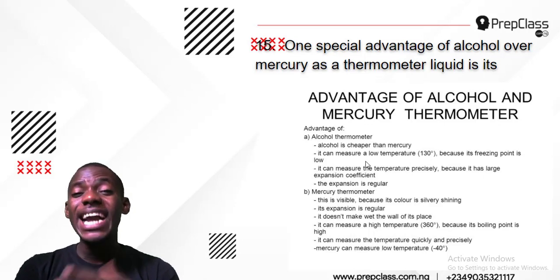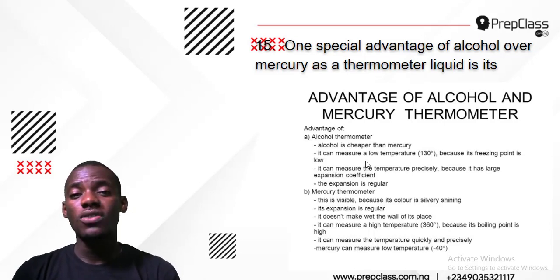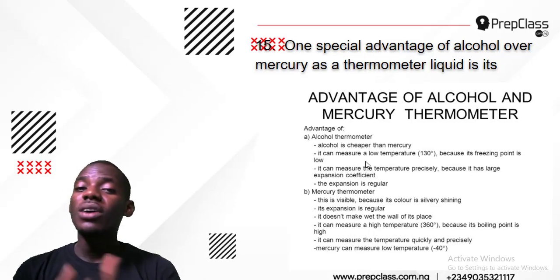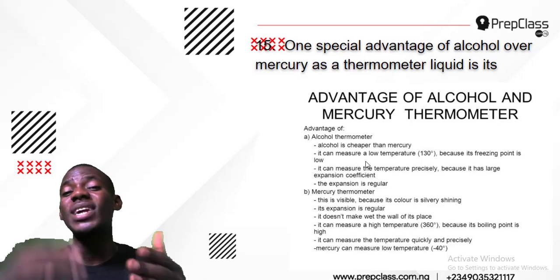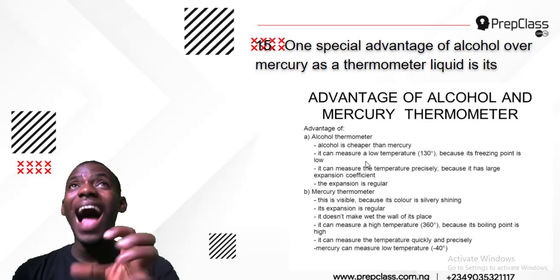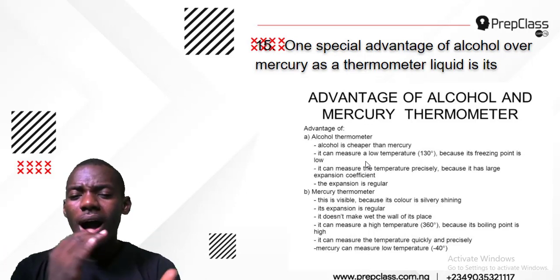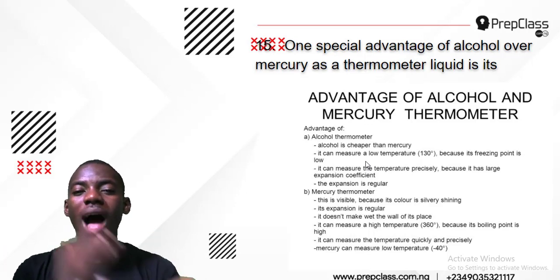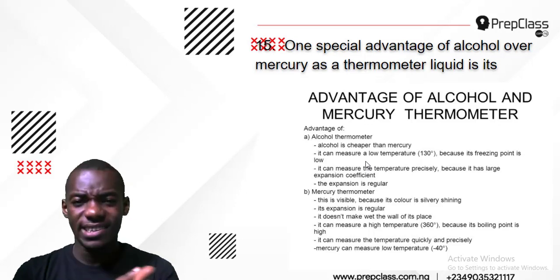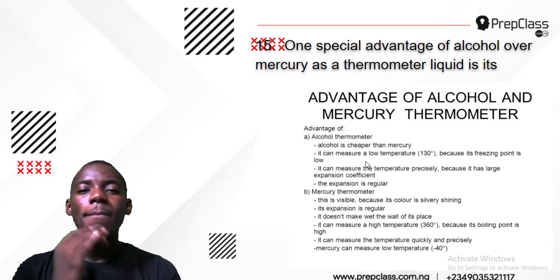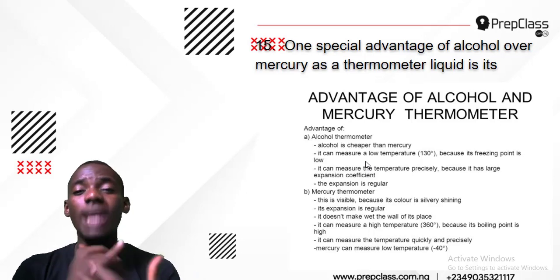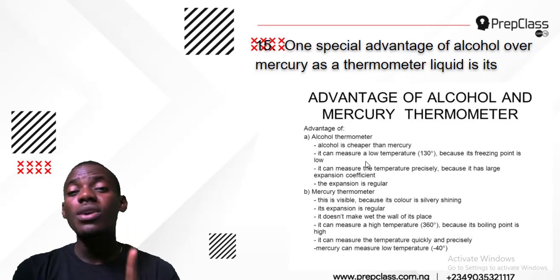It can measure negative temperatures, like minus 40. Mercury cannot measure icing temperature, but alcohol can because alcohol does not easily freeze.